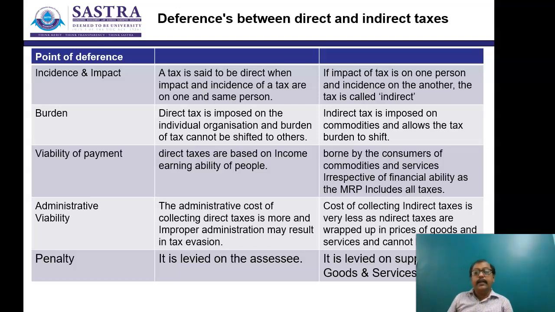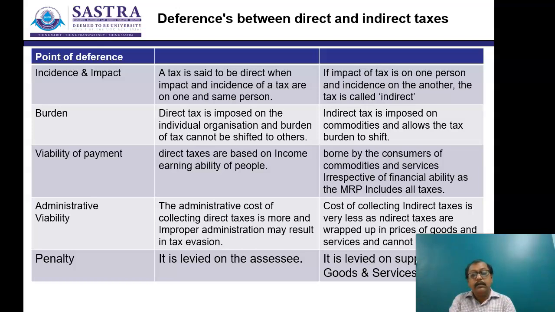But in case of the indirect tax system, the cost of collection is very much less, because it is collected along with your consumption, along with the MRP, whatever price we pay, and it is collected from the seller or the service provider then and there. So it is less costly when it comes to indirect taxes.